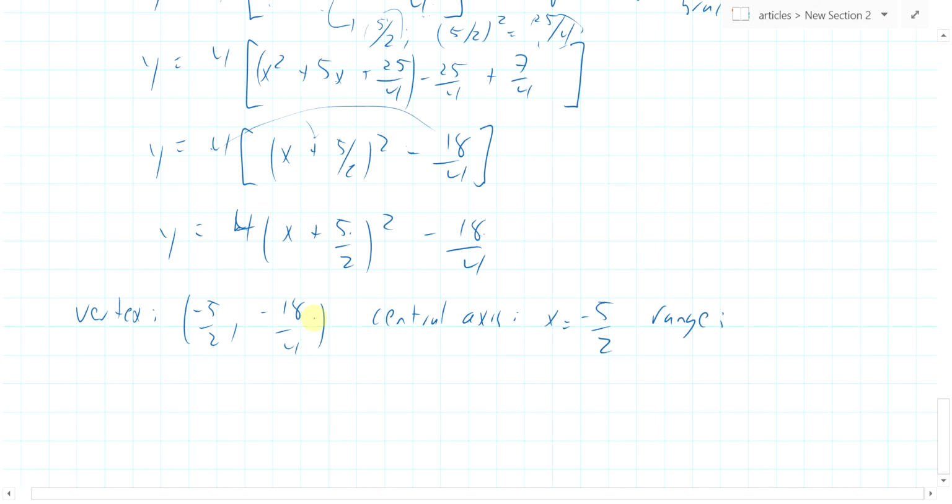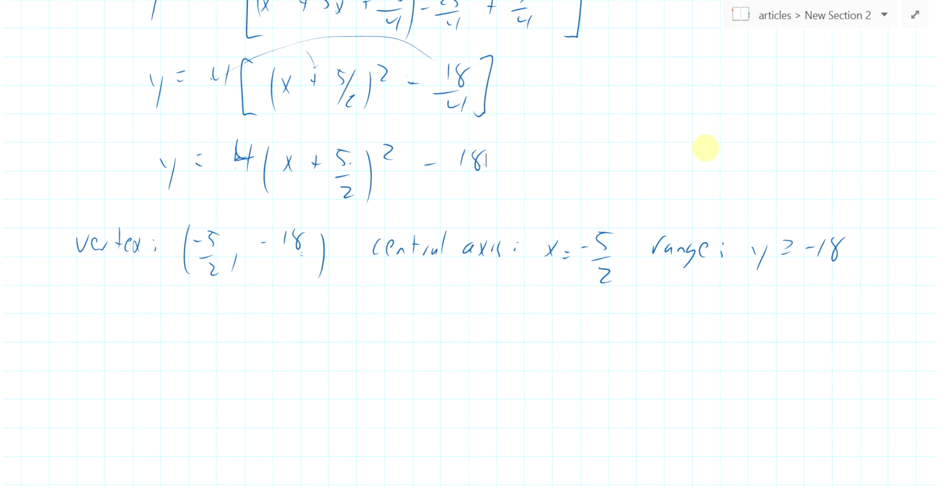So it's numbers above the, not minus 18 over 4, minus 18. When you multiply through by the 4, you got to remember to cancel that. So the range is y greater than or equal to minus 18 because it's a parabola that opens up, and so the range is y values bigger than the vertex.